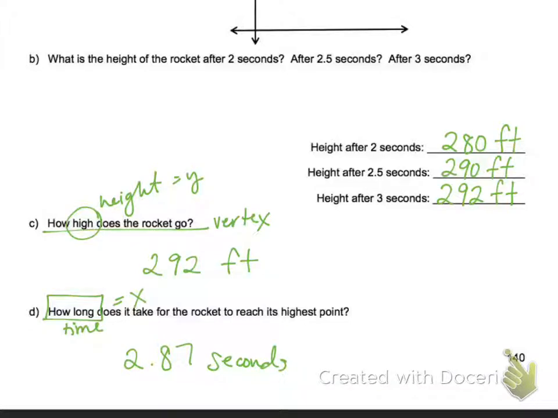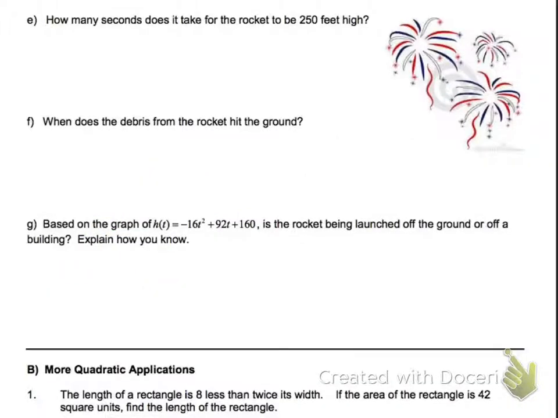Part E, it's saying how many seconds does it take for the rocket to be 250 feet high? So what kind of question, like what is it asking me here? It's asking me for seconds. So it's asking me for an x value when y equals 250.